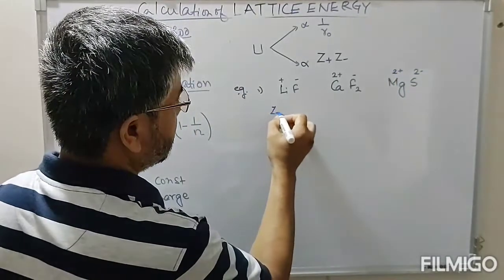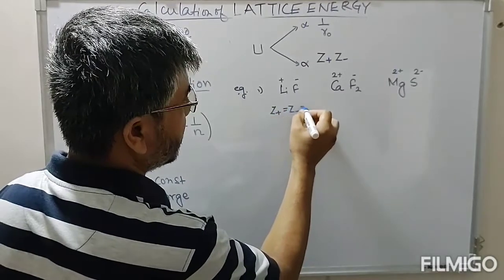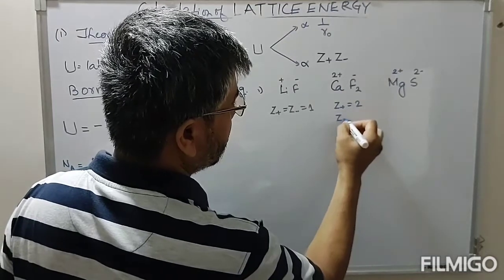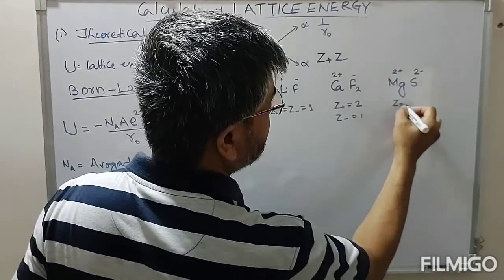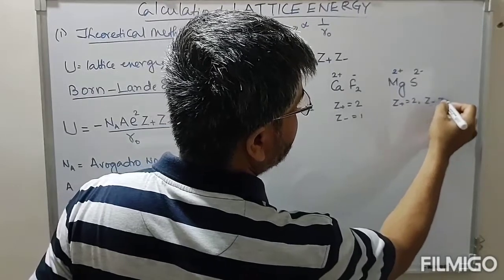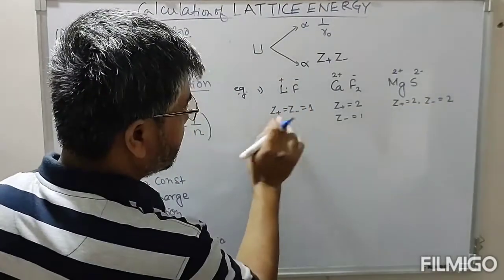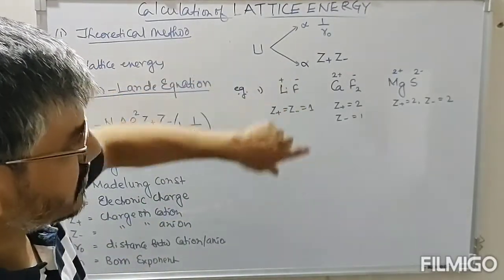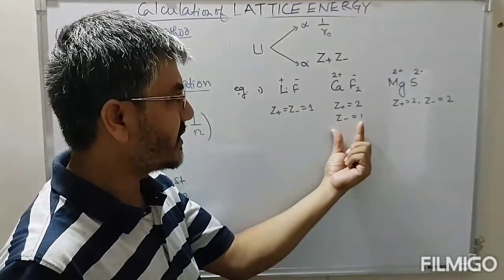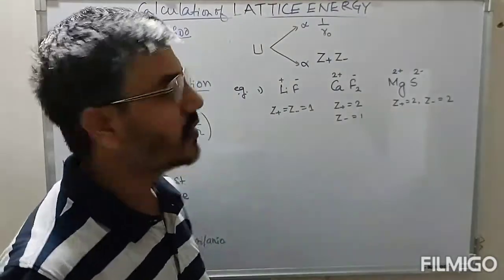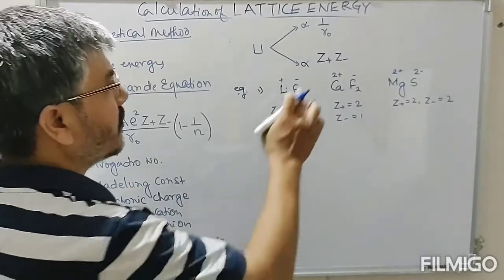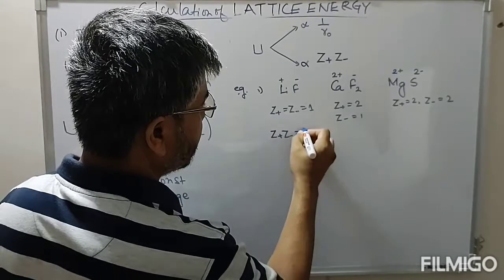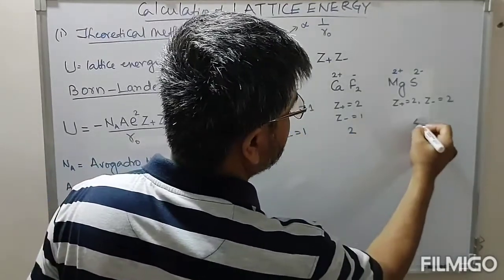Now look at this, Z plus equals Z minus equals 1; Z plus equals 2, Z minus equals 1; Z plus equals 2 and Z minus equals 2. Therefore the value of the product Z plus Z minus is 1, 2, 4.